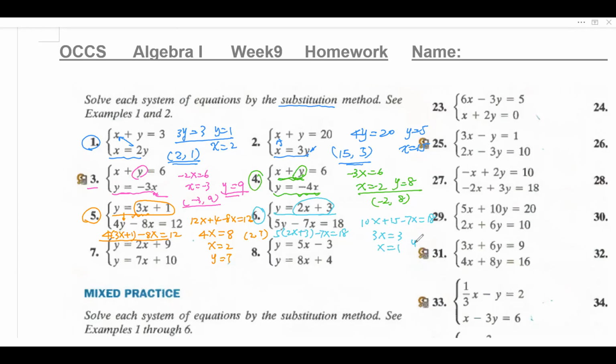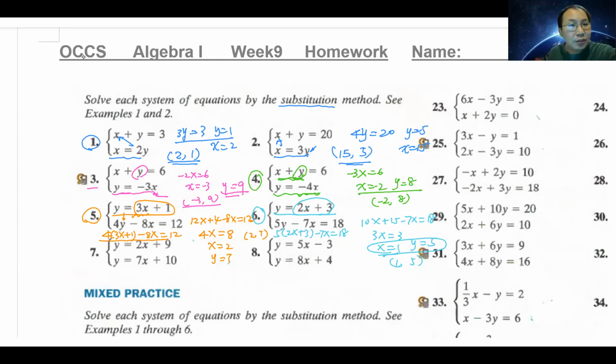So y equals 5, because this x is replaced by 1. So it's (1, 5). Anyone have questions? Do you guys have questions? Anyone, can you unmute yourself? Ask me whenever you have any questions. If you have no questions, we'll move a little bit quicker.